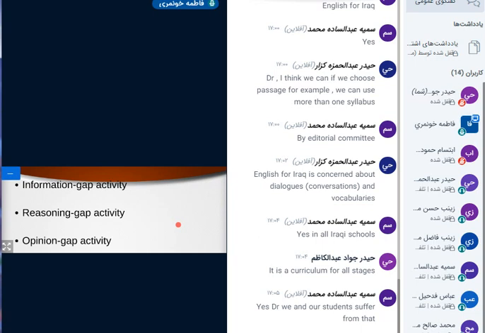In a sense, it could be a kind of information gap, but this kind of activity is mostly used for teaching purposes. You want to engage students in certain activities and tasks so that through engaging in the task, they learn a lot about an issue.